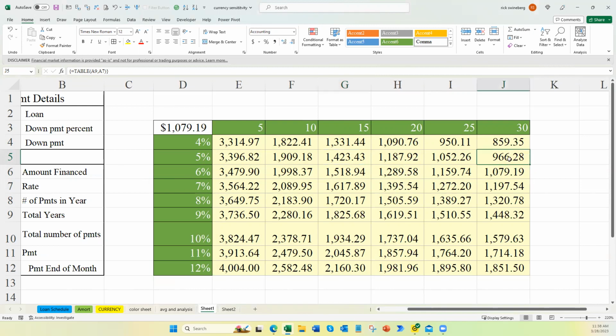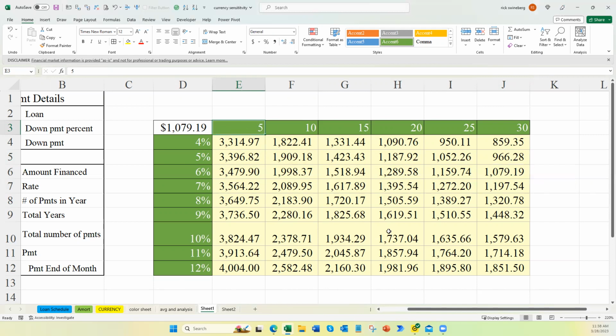Of course, if you pump it up to 30 years, your payment is going to go down. Interest expense is going to go up. And that's at 4%. Of course, 12% is going to be big. So that's the basic way of doing a data table analysis. And you can make this as big and as detailed as you like.